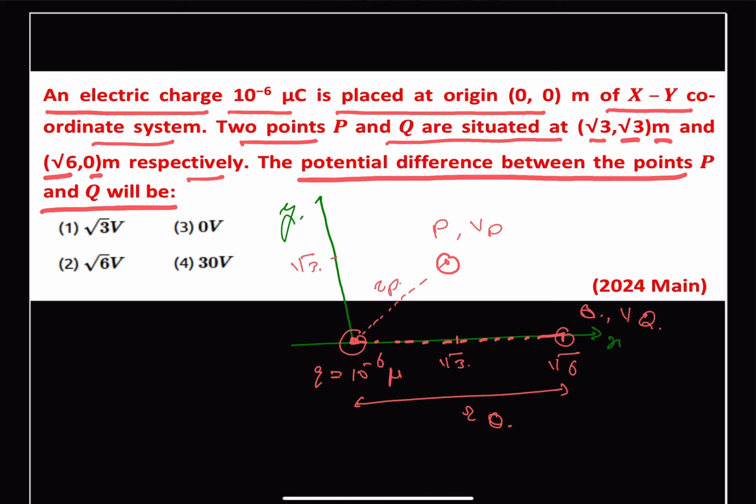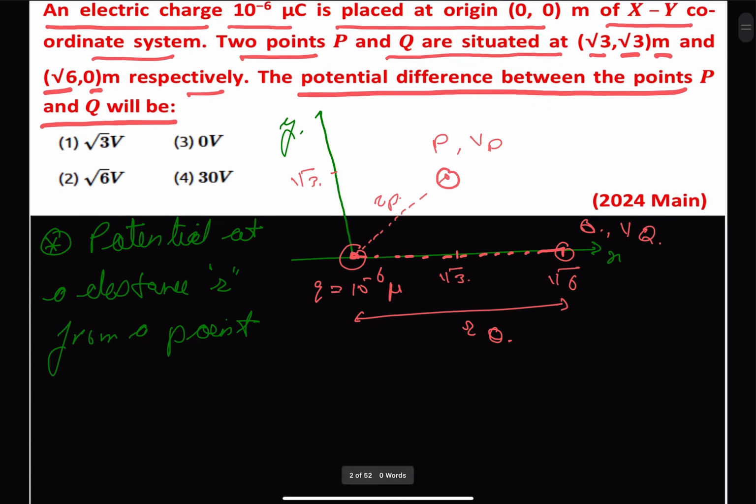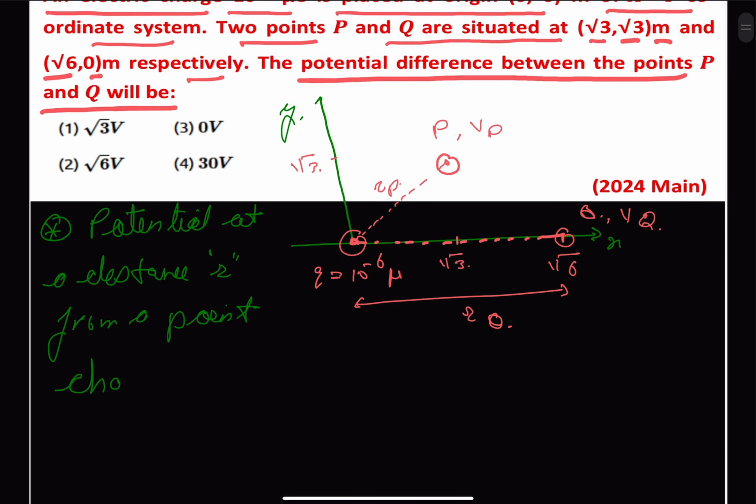The standard formula for the potential, we already know: potential at a distance r from a point charge, which we represent as V, will be equal to KQ upon r, where K is 1/4 pi epsilon naught.